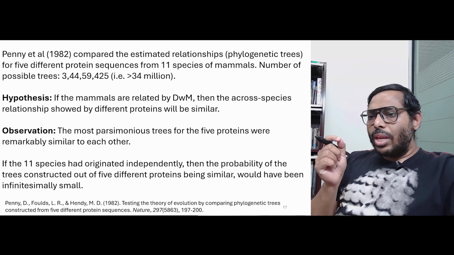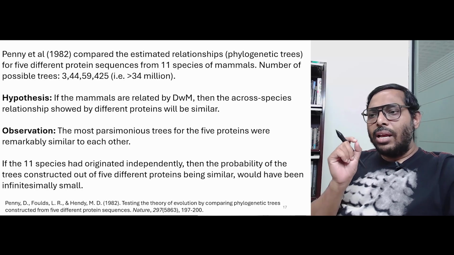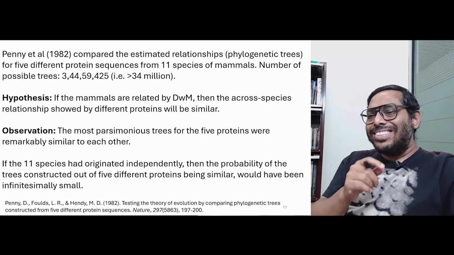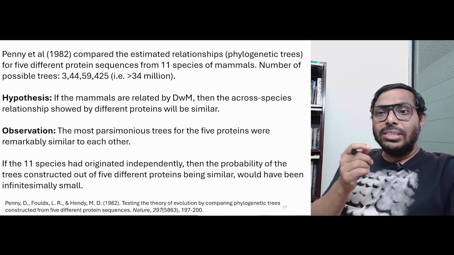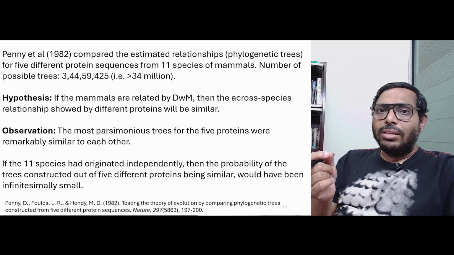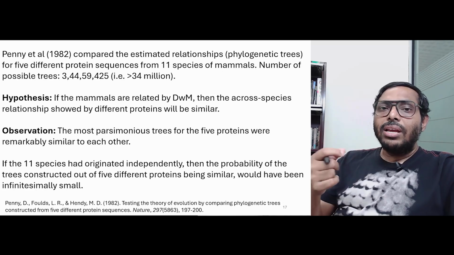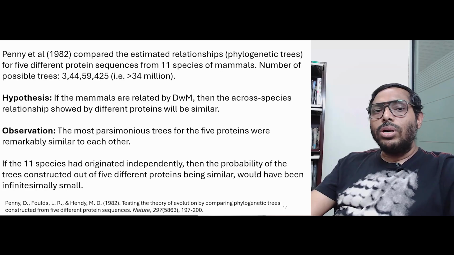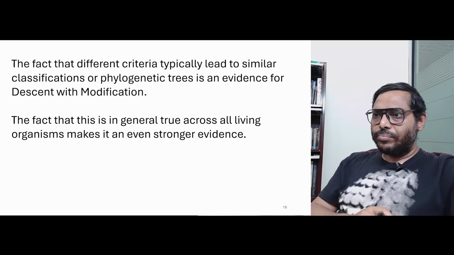So, as I said, if the 11 species had originated independent of each other, then the probability of the trees constructed out of 5 different proteins being similar would have been infinitesimally small. The fact that they were similar shows unequivocally that they have come about due to descent with modification.